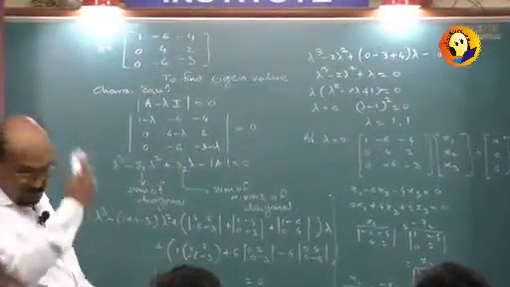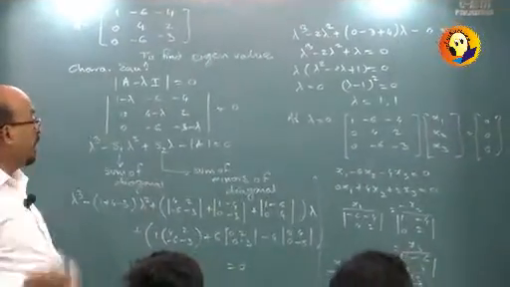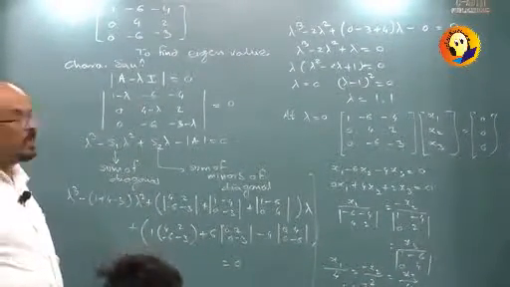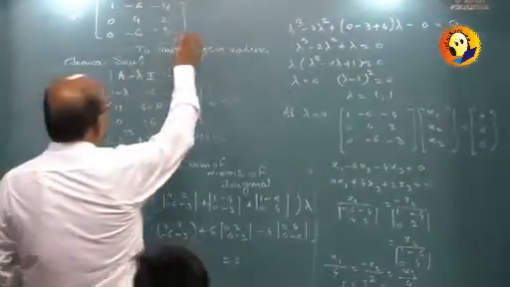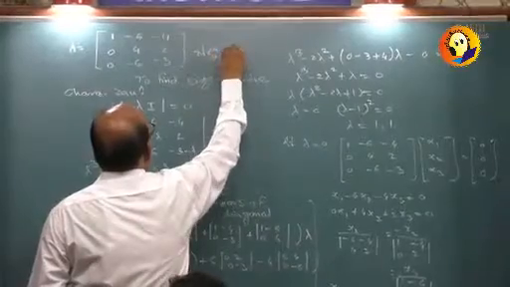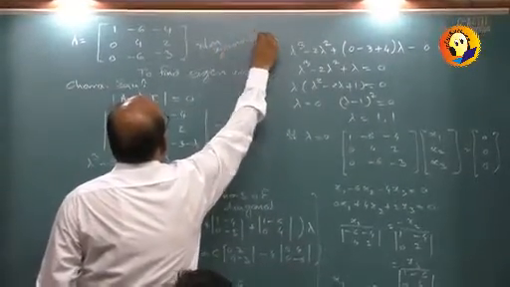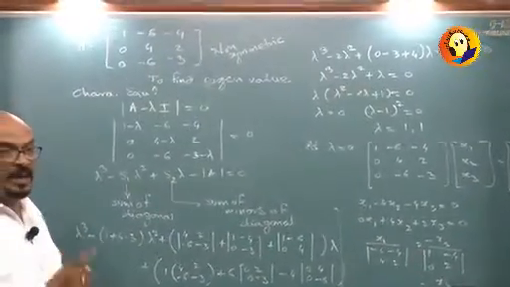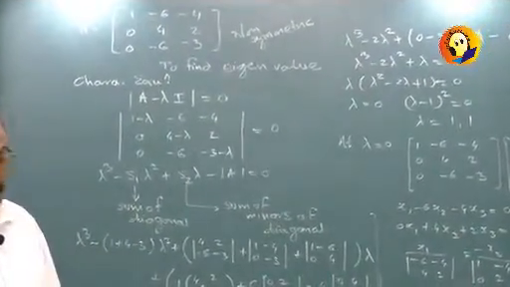So make a note till this point, and we'll pick up from lambda equal to 1, the repeated root. For the time being, just observe that this was not a symmetric matrix, because it will matter whether the matrix is symmetric or not.